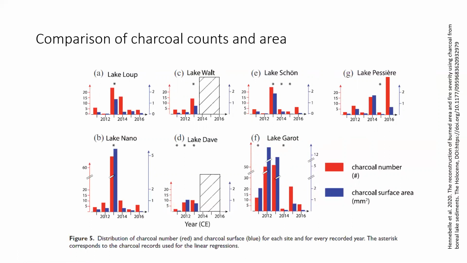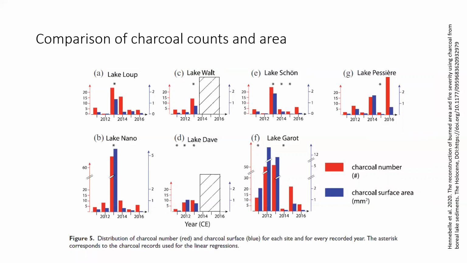But when you have the charcoal area, or the surface area, you're basically just counting together all the charcoal that you have in the sample. So then it doesn't really matter if the charcoal breaks, because you will get the overall surface area anyway.